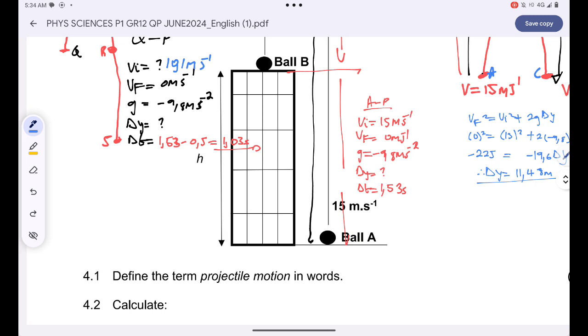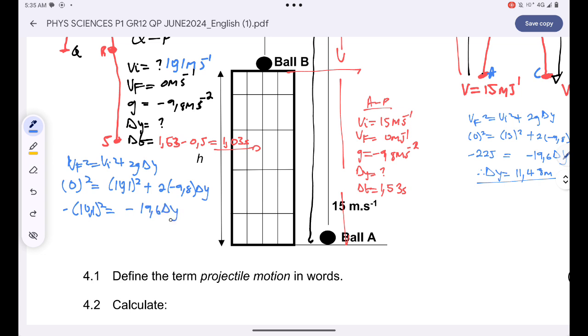Let's use the same equation to find the maximum height reached by ball B. Vf squared is Vi squared plus 2g delta Y. The velocity at maximum height is 0, right? And then the initial velocity is just 10.1 meters per second. And then I'll simply have negative 10.1 squared is equal to negative 19.6 delta Y.